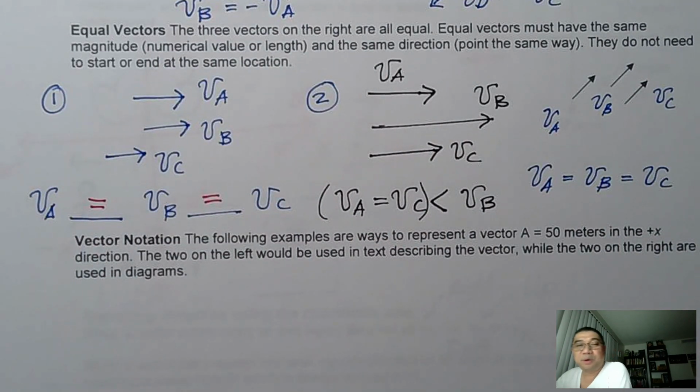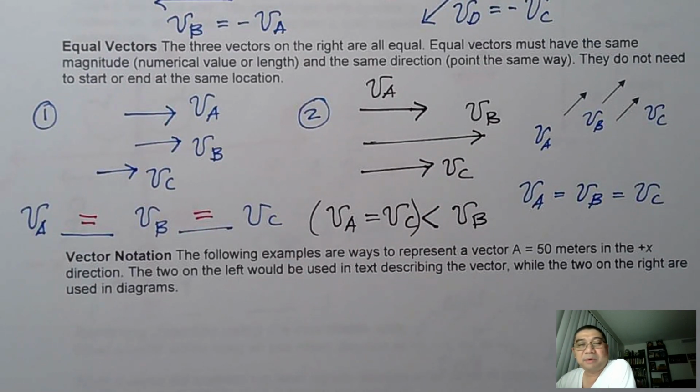I know it looks simple where it says equal vectors. However, sometimes the mathematical interpretation of the statement is something that most of you find confusing.